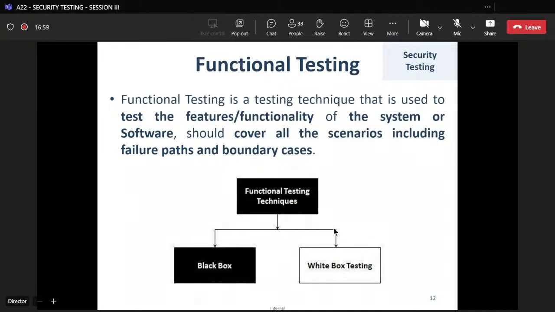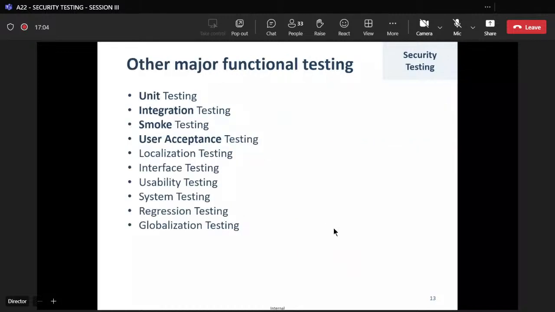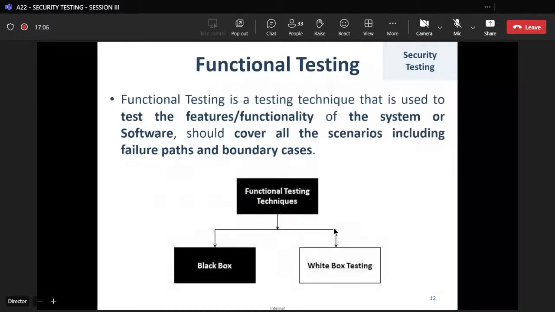One is black box testing, the other is white box testing. When you say white box testing, all the information is known to the testing team, and they have complete access to the documents, the system, and the source code, with complete information like a development team. When you say black box testing, very little or no information is provided to the testing team.